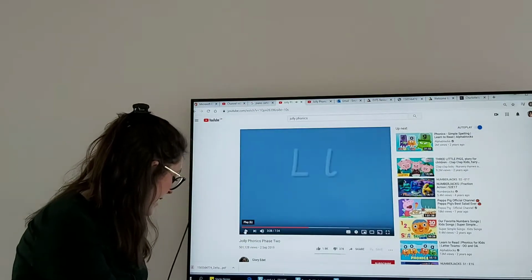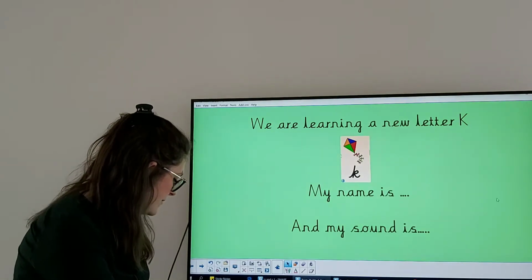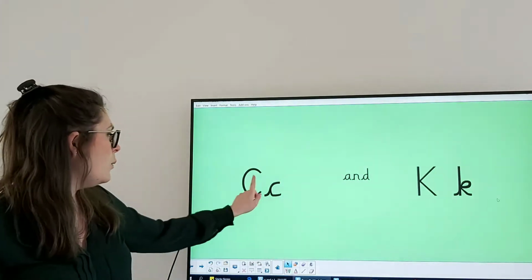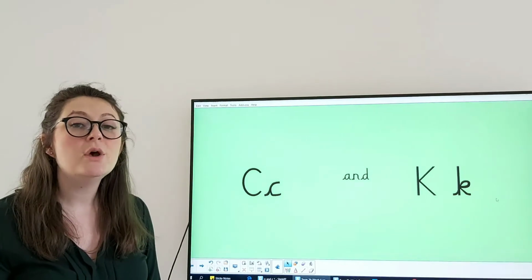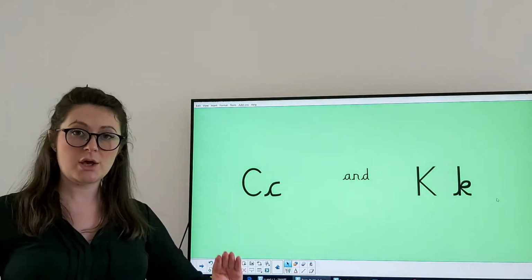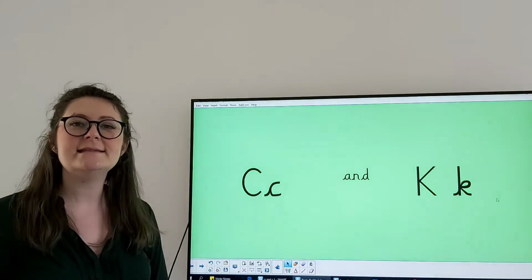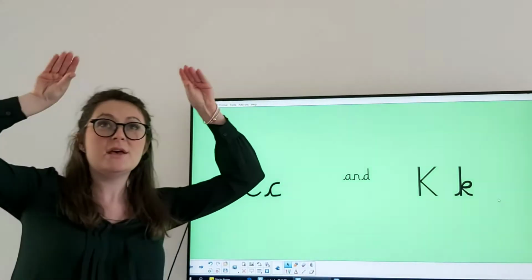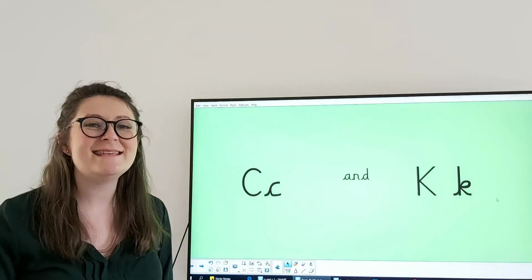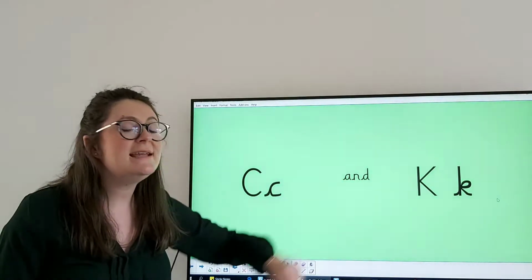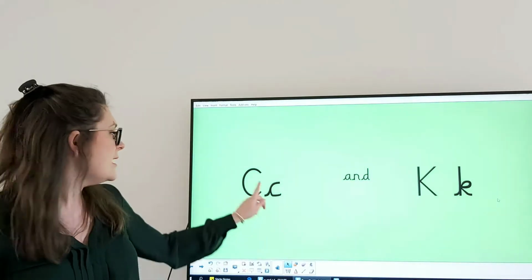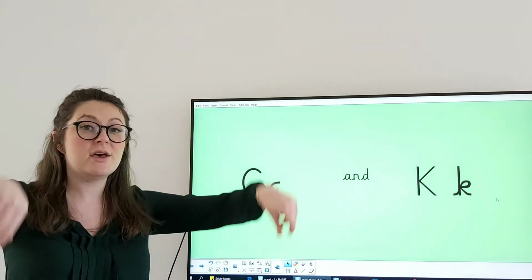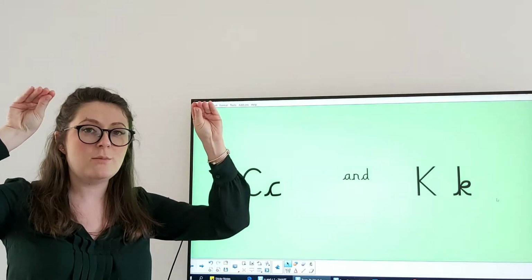Super duper. Now, let's have a little bit of a chat about this K sound because we have already learned the K sound with the letter named C. So we learned my sound is K and my name is C. Today we are learning my sound is K and my name is K. So both of these letters make the sound K. A C makes a K sound and we do this action, and a K makes a K sound and we do this action, and this is the one we're doing today.